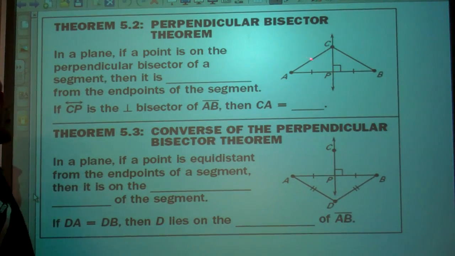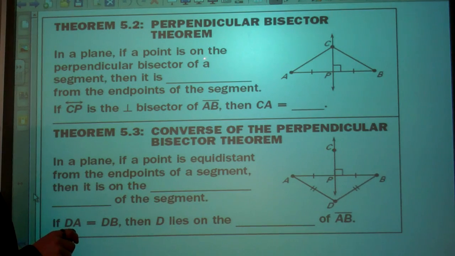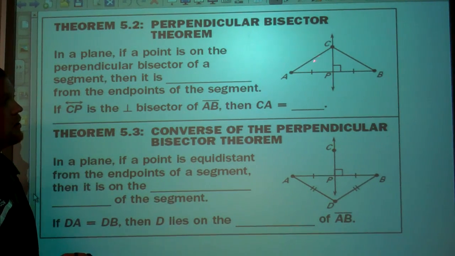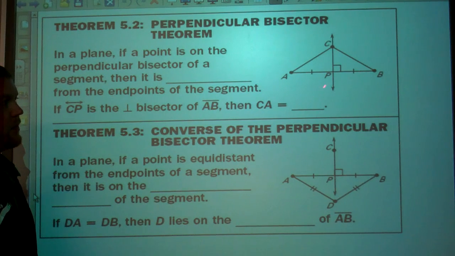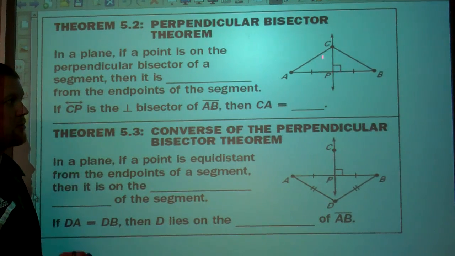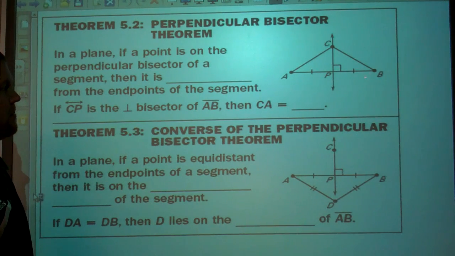Now, first off, if a point is on the perpendicular bisector, point C here, we know point C is on the perpendicular bisector. Line CP is perpendicular to segment AB, and we know that segment AP is congruent to BP. So we know that P is the midpoint. So yes, point C is on the perpendicular bisector of segment AB.